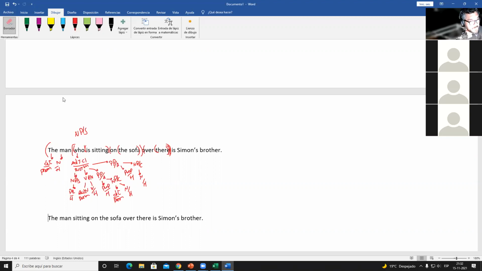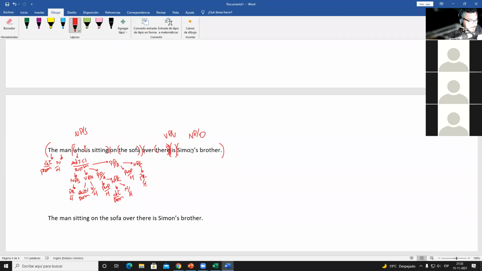I think it's a pronoun because it's replacing the name of an entire place. So I'm going to write it down as a pronoun. I prefer pronoun. Is, right? Verb phrase, verb. Why on top? Well, because that's the main valency pattern. Is who? Simon's brother. That's another noun phrase. And this is an object, right?